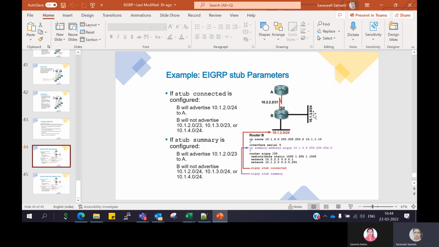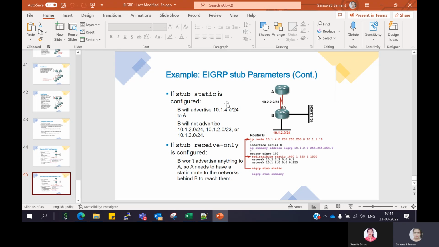It will not consider this network. We configure it on the serial interface. If it is static, we have already announced the static route. If it is receive-only, what do you mean by receive-only? It will only receive the updates. It will not announce anything connected to it.